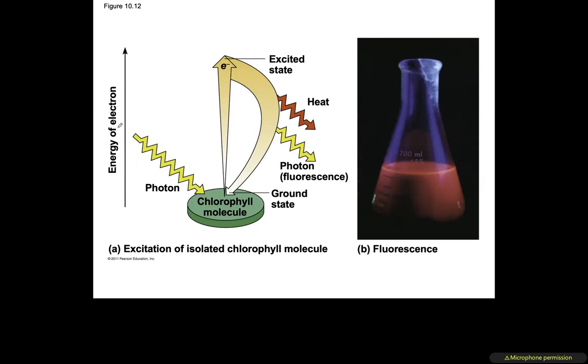So this is the level of energy of an electron, okay? From the lowest state of energy to the highest state of energy. Here is a chlorophyll molecule, so an electron is embedded in the chlorophyll molecule. This is considered a ground state, a low level of energy.